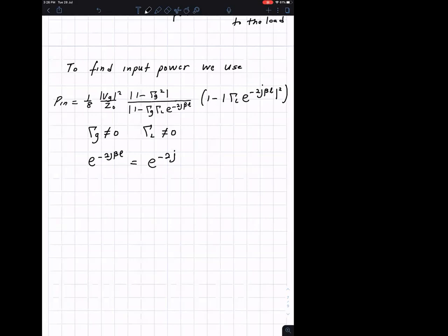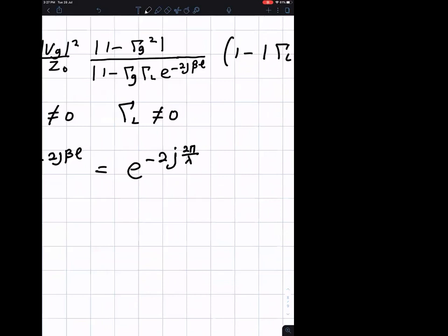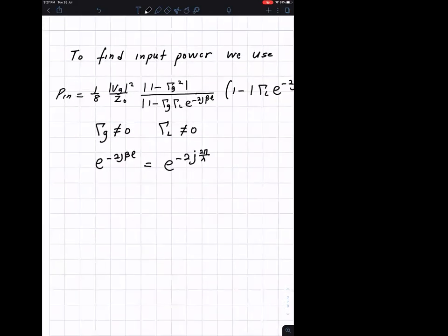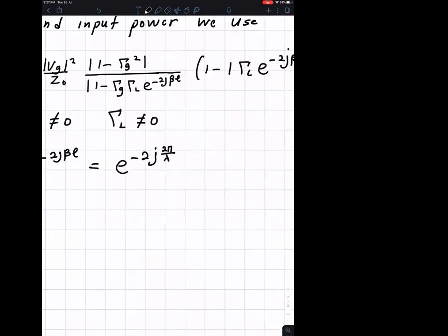Do you guys remember from last time? Beta is 2 pi over lambda. From electromagnetic class, it's the phase constant, and it is 2 pi over lambda. We are told the transmission line length is lambda over 2.